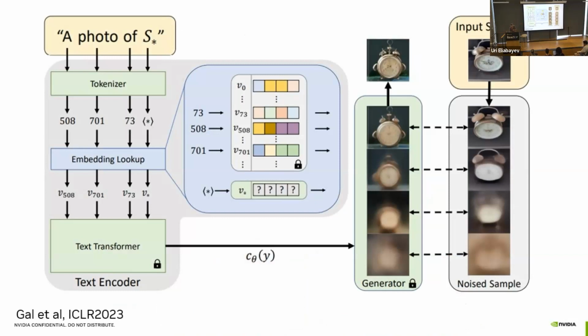After you have a tokenizer, this new S star is just mapped to some new vector. And this representation is learned such that when you do the diffusion process with the example personalized images, you generate something that is similar to the images. So it's really a simple optimization of just a single word.